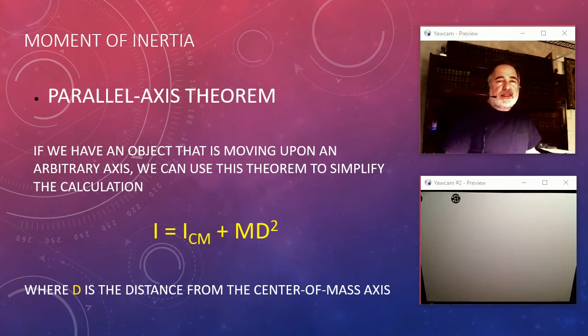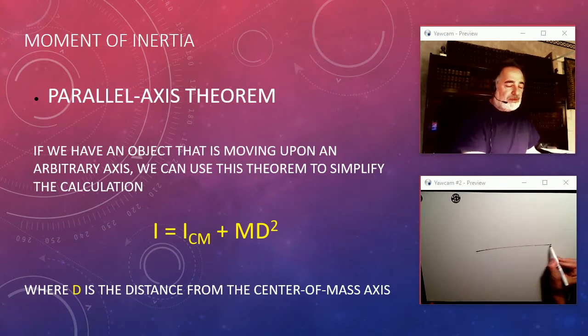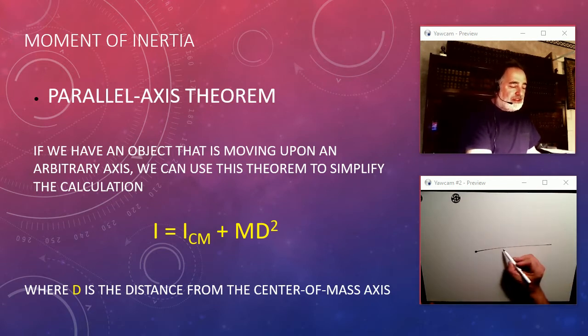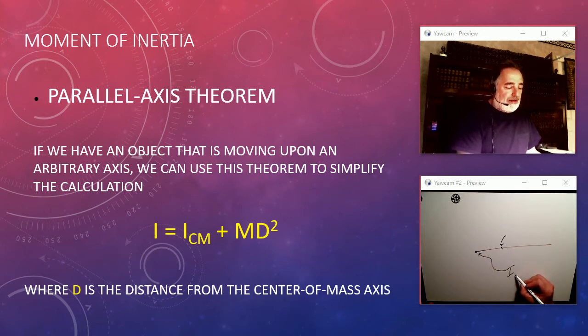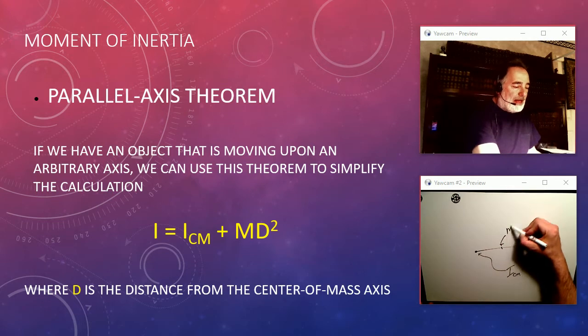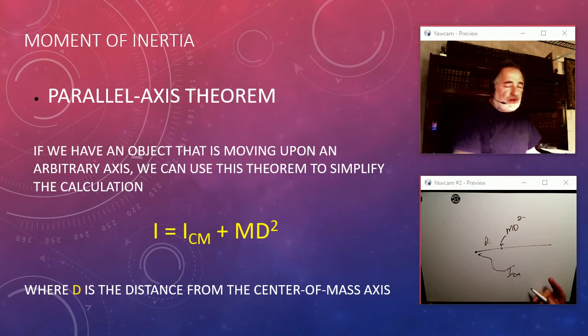If I'm rotating something off center, let's say I am rotating here, not here, I can take the moment of inertia for that point that we know and take mass times this distance squared and add that to get a new moment of inertia.